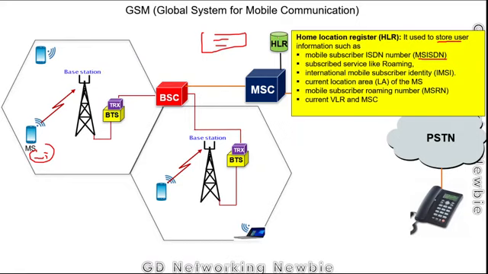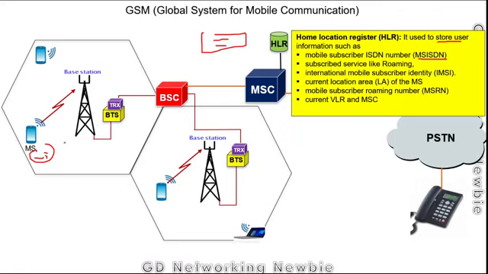And then we actually also subscribe to some services. For example, if we are moving or going to some other country, we need to activate roaming so that we can use the same number in other countries. So if you are subscribing to that service, that service information will also be saved in this home location register.